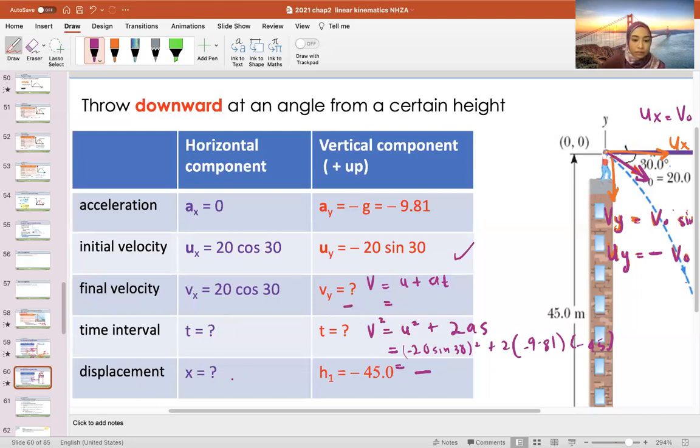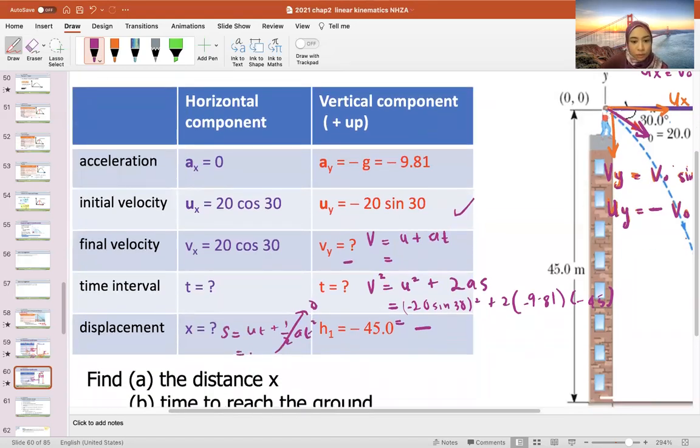And then the same for the displacement: s equals ut plus 1 over 2 at squared. This term becomes 0. It's just ut, so 20 cosine 30 times the time that we got from here.